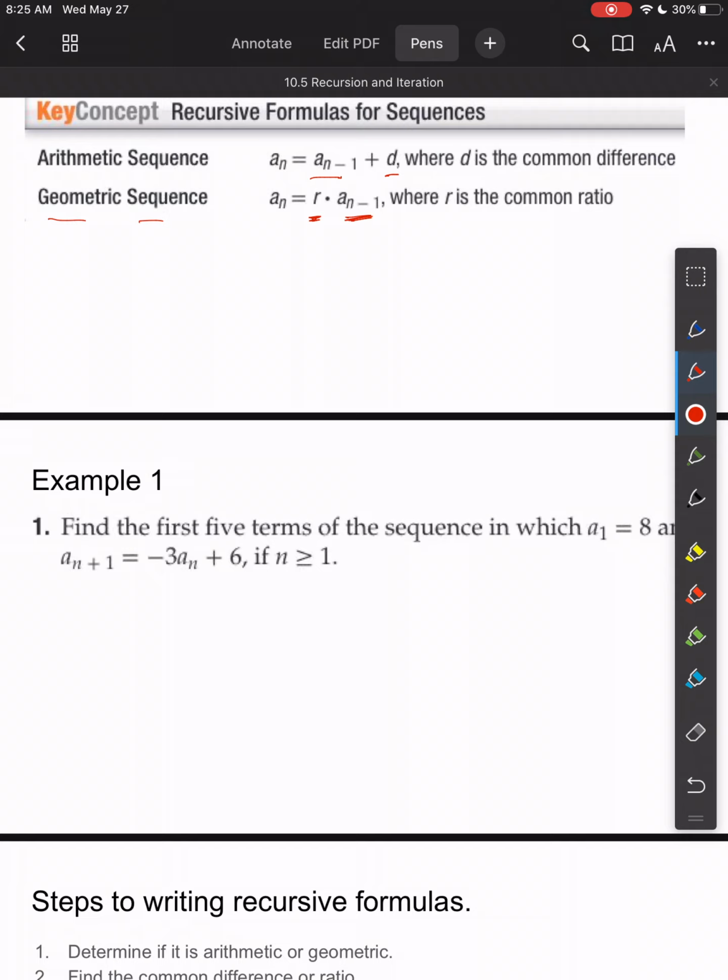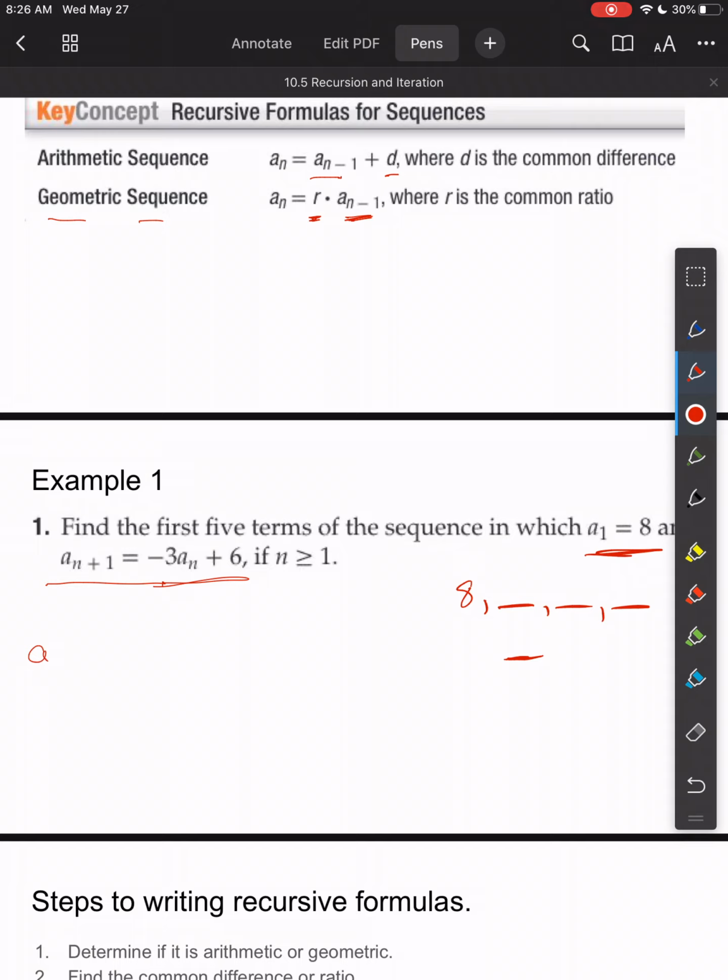All right, so let me show you how this looks. We know the first term is 8. It says to find the first 5 terms, so we need the next 4 because they've given us the first one. So we're looking for these. We're going to use this pattern. If I plug a 1 into this formula, notice what happens.